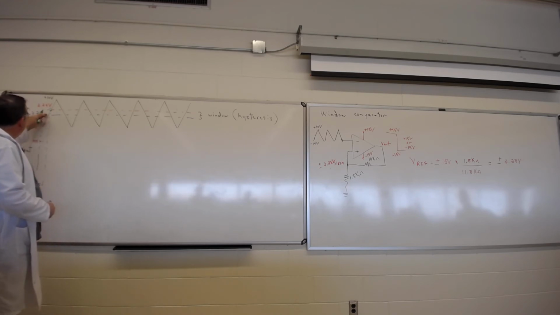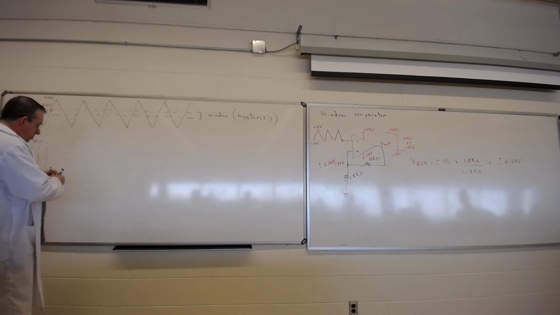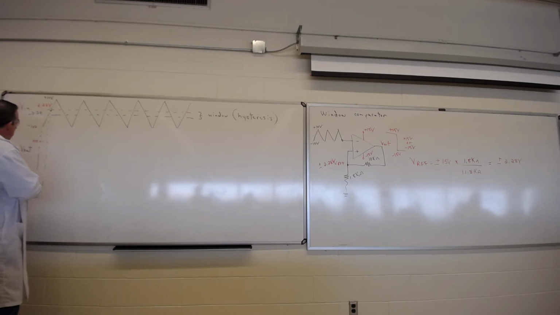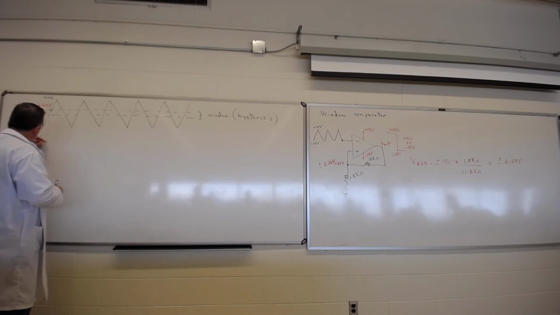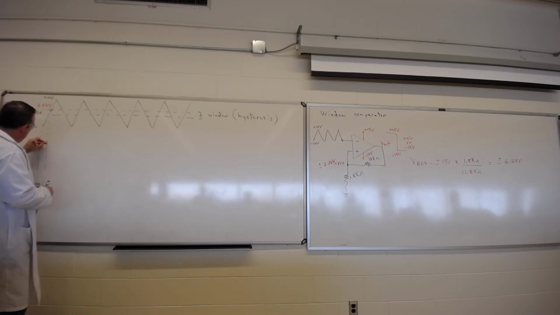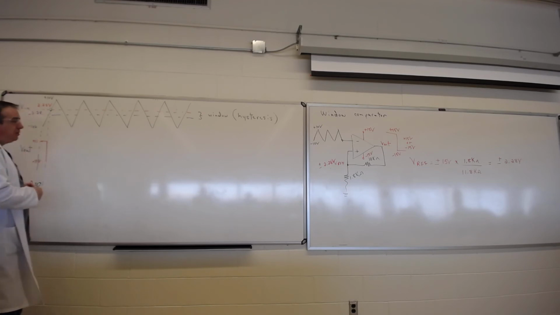So when the input rises to about right at this point, all of a sudden the output is going to drop, bang, to negative 15 volts. And then the reference voltage is going to switch over to the negative 2.28.